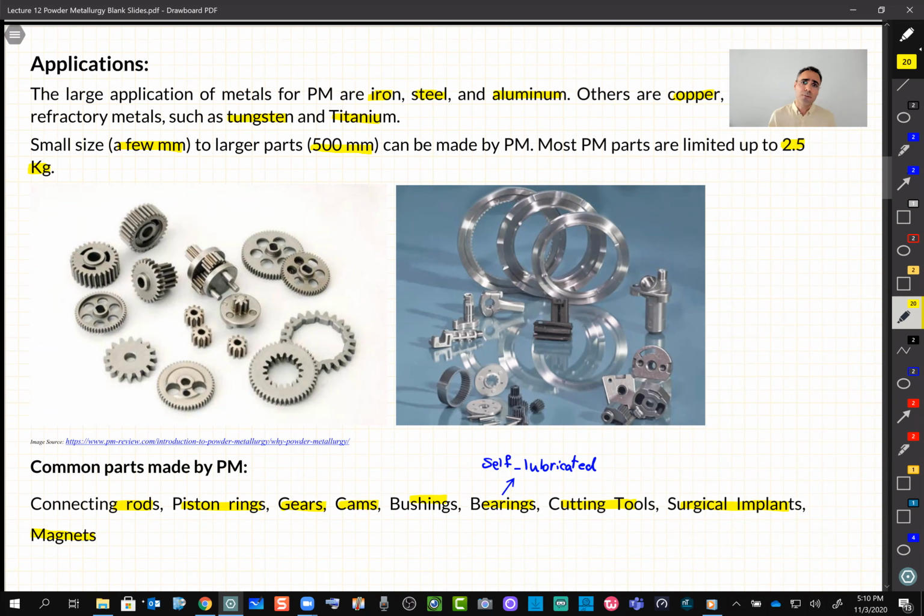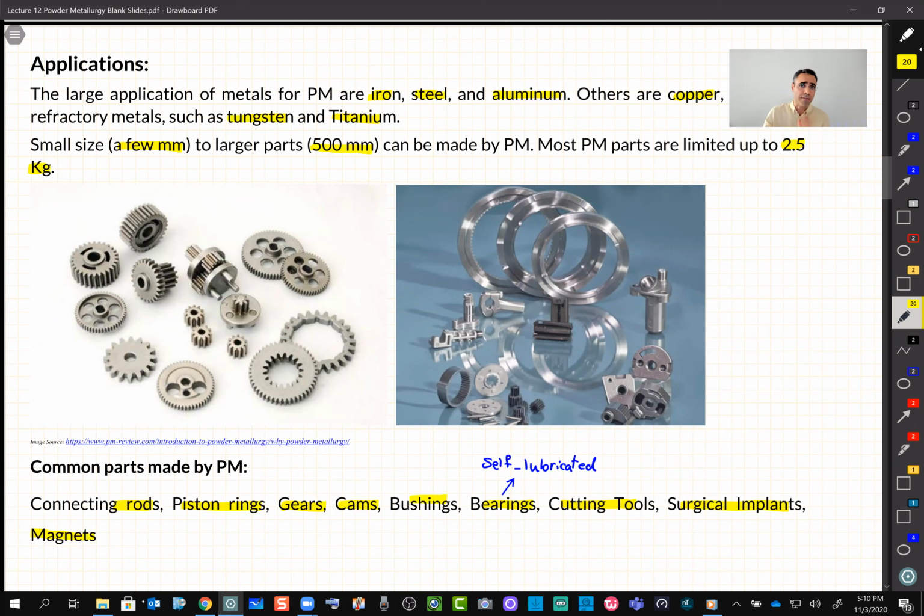And this approach is considered to be relatively new. As you saw, it was first used in 1900, but it was only recently, by recently I mean 30 or 40 years ago, that it became popular. There is evidence, which is more like history, that people found some tools from 5,000 years ago, somewhere in Egypt, that they speculate were made by powder metallurgy.